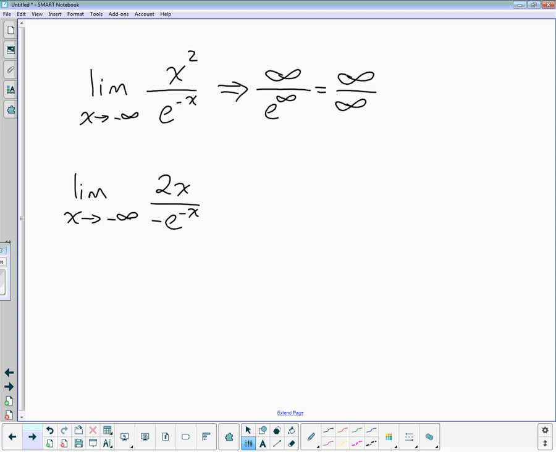The numerator still goes to negative infinity. Almost. Infinity over infinity, and we're still in an indeterminate form, which means we use L'Hopital's rule again.